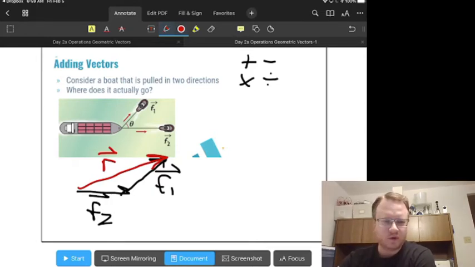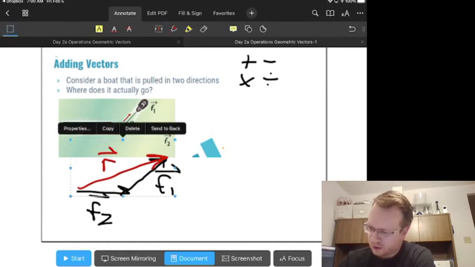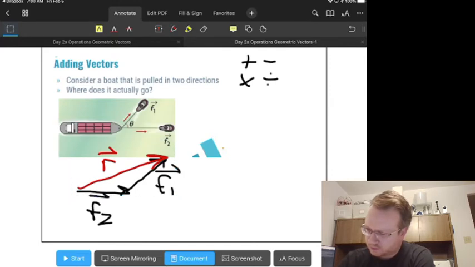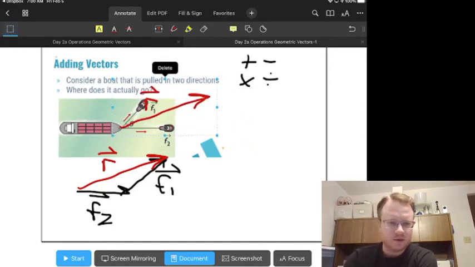What direction will the boat go in? It will go this way, and we could even, if we wanted, copy that over. And so the boat's going to go in this direction. So that's vector addition.